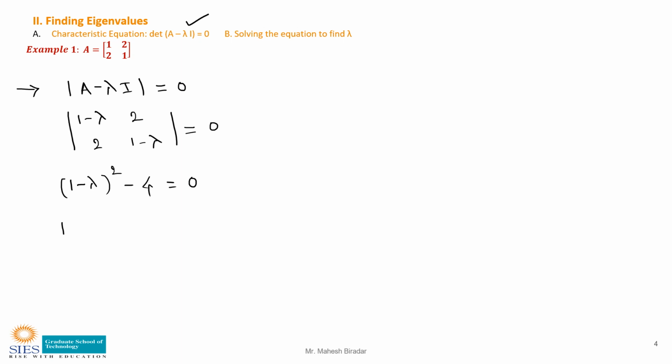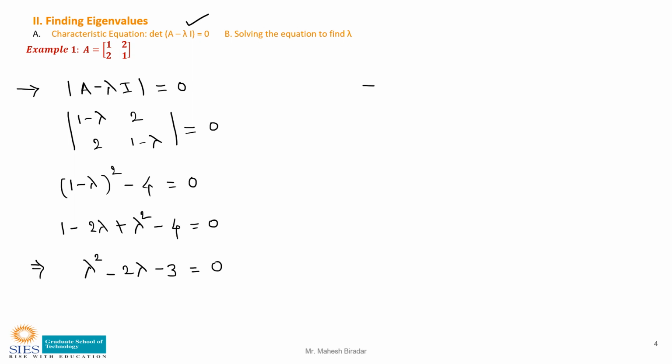After expansion, we can write 1 minus 2 lambda plus lambda square minus 4 is equal to 0. If you rearrange these terms, we can write lambda square minus 2 lambda minus 3 is equal to 0. This is a polynomial in lambda.